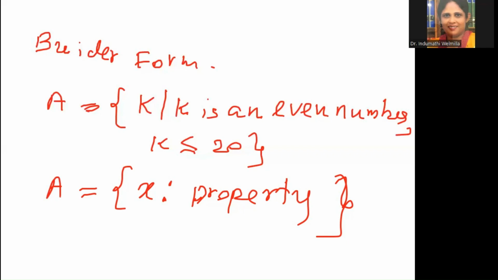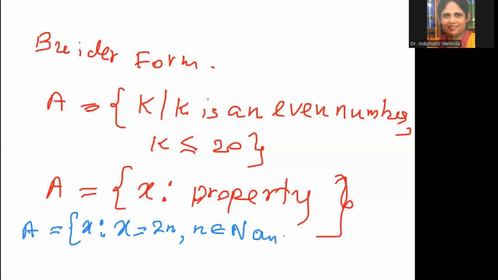One more example I would like to show you. We can write set A equals X, where X equals 2n, and n is an element, a sample element, of N, with 1 less than or equal to n less than or equal to 4.